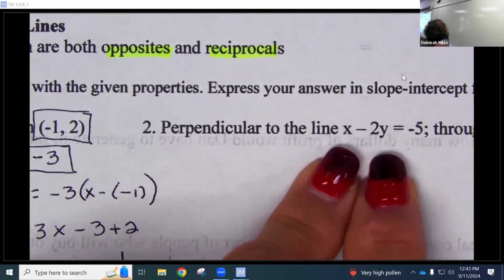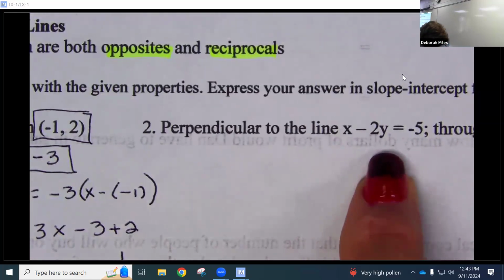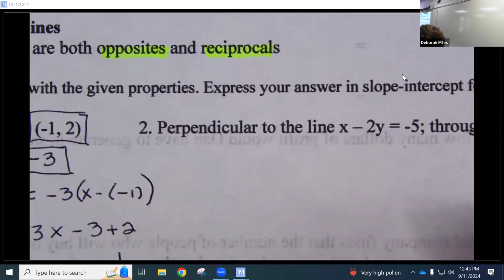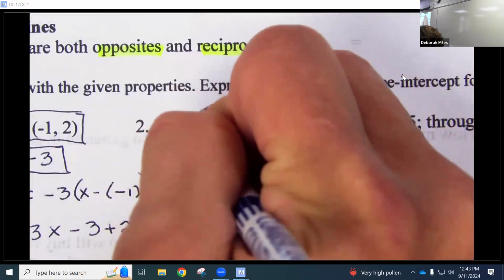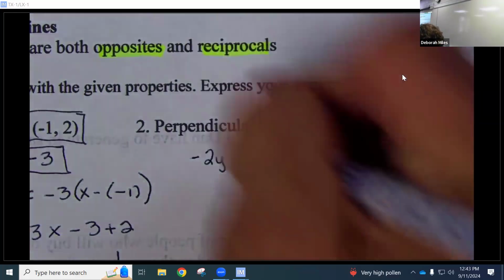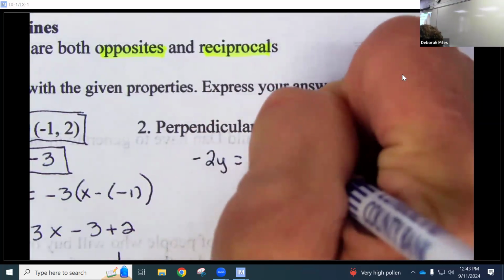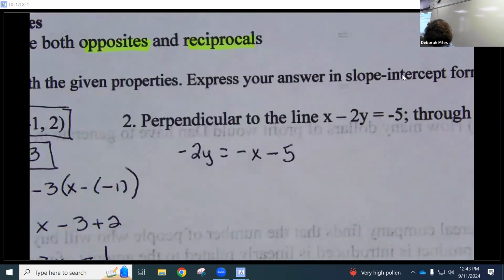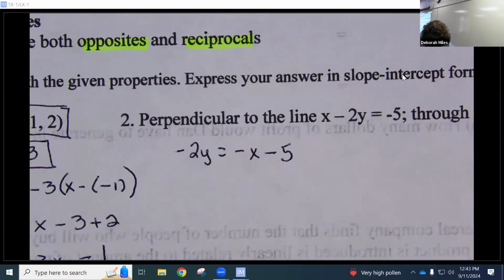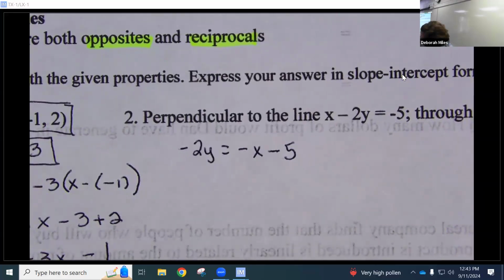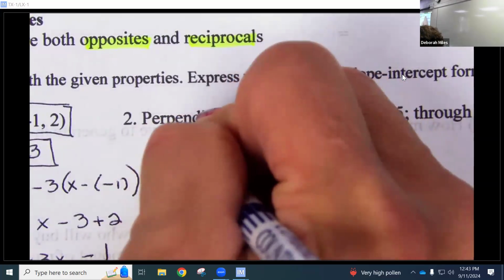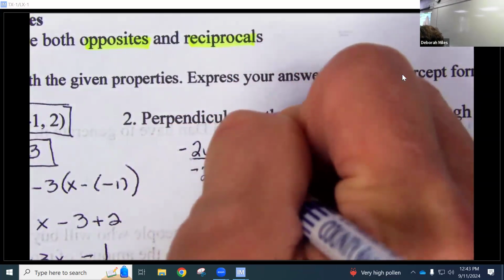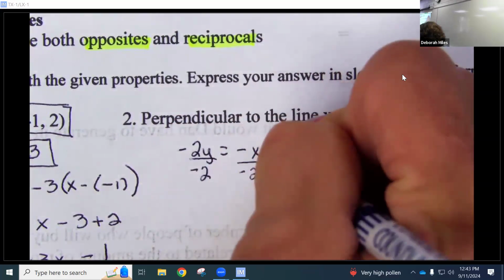So I have to solve this one for y to find the slope. I would subtract x from both sides. And then I divide both sides by -2. Just to make it easier on your eyeballs, I'm going to divide each term by -2.